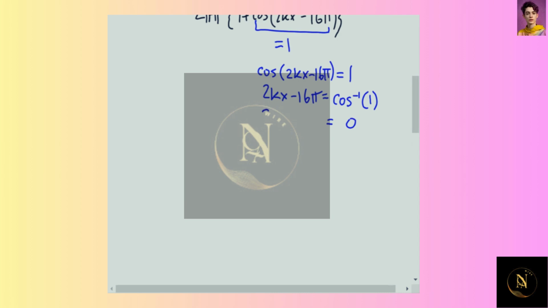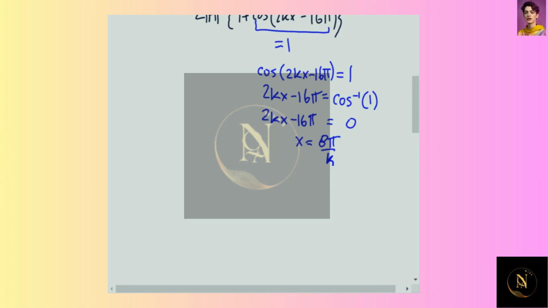And so on the other side, we still have 2kx minus 16 pi. When we solve for x, we find that x equals 8 pi over k.